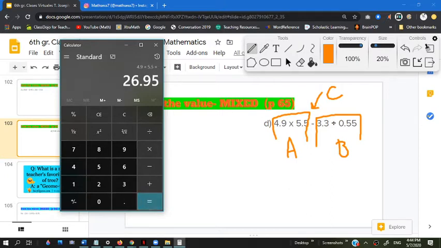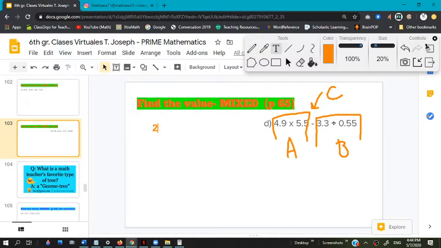Here we go, 26.95. Okay, I'm going to write that down just to make sure. 26.95. Okay, we can get rid of this part of the problem.